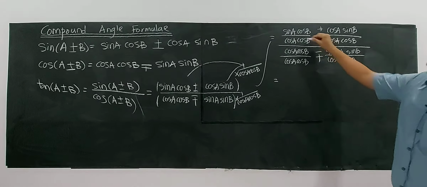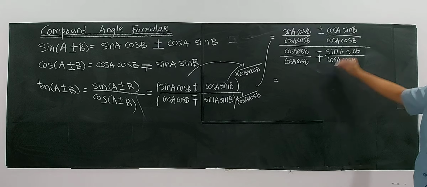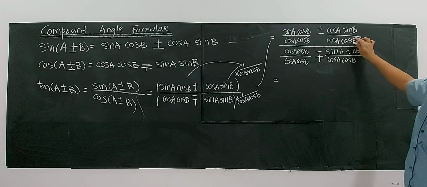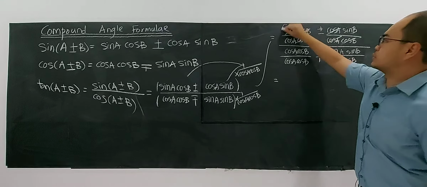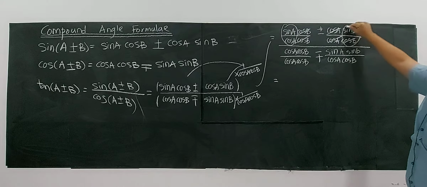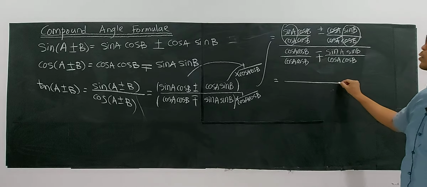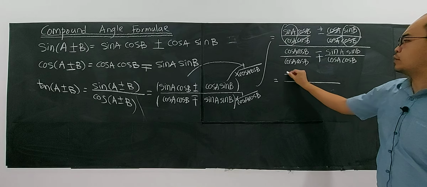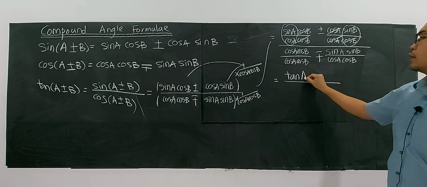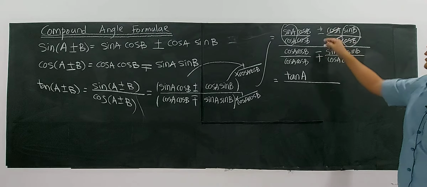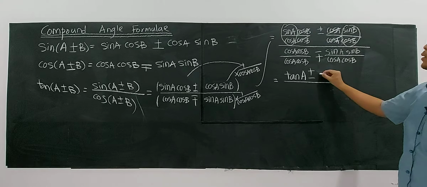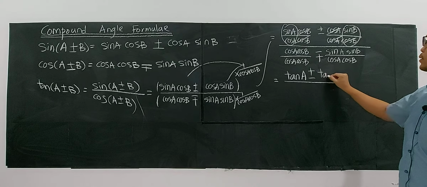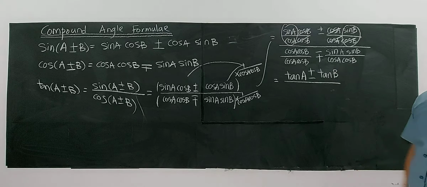So then you see that you have eliminated the cos B. This one you have eliminated the cos A, right? So you have sine A over cos A. Here you have sine B over cos B. So you know that sine A over cos A will be tangent A, plus minus, and sine B over cos B, you have tangent B, right?